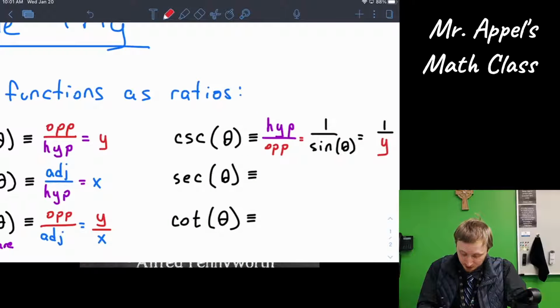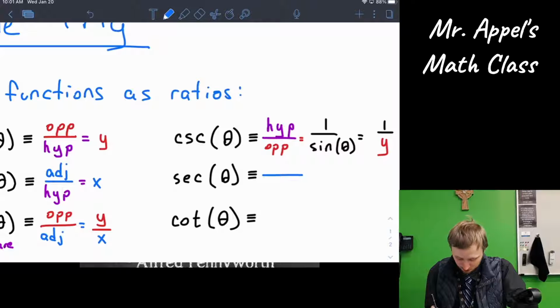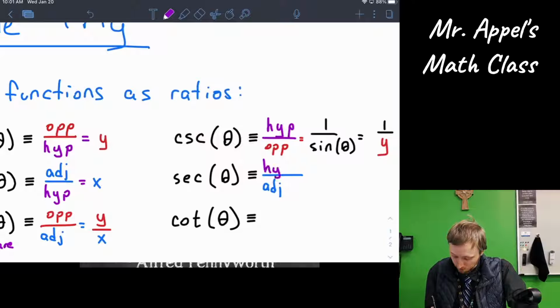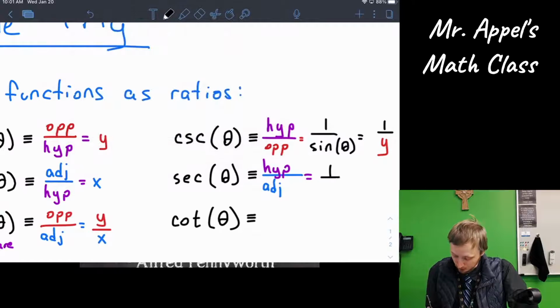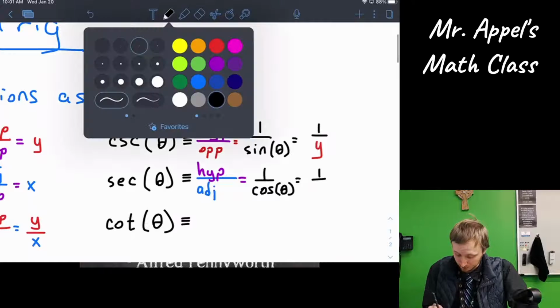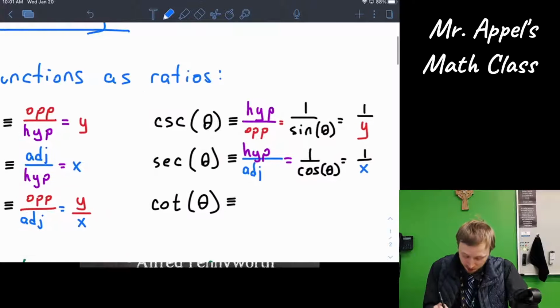So just to fill this out here real quick, let's finish. This is adjacent on the bottom, hypotenuse up top. It is 1 over cosine, or 1 over x. And the cotangent, though, cotangent totally works.